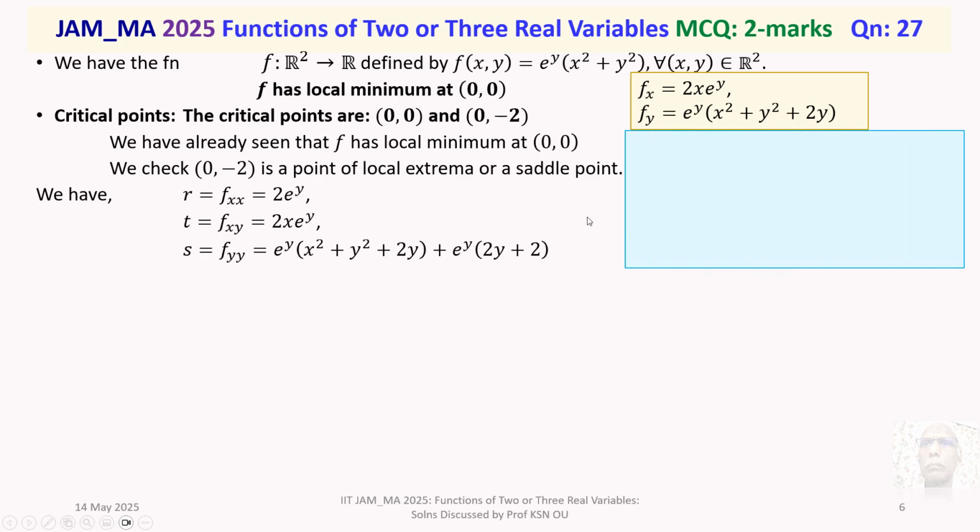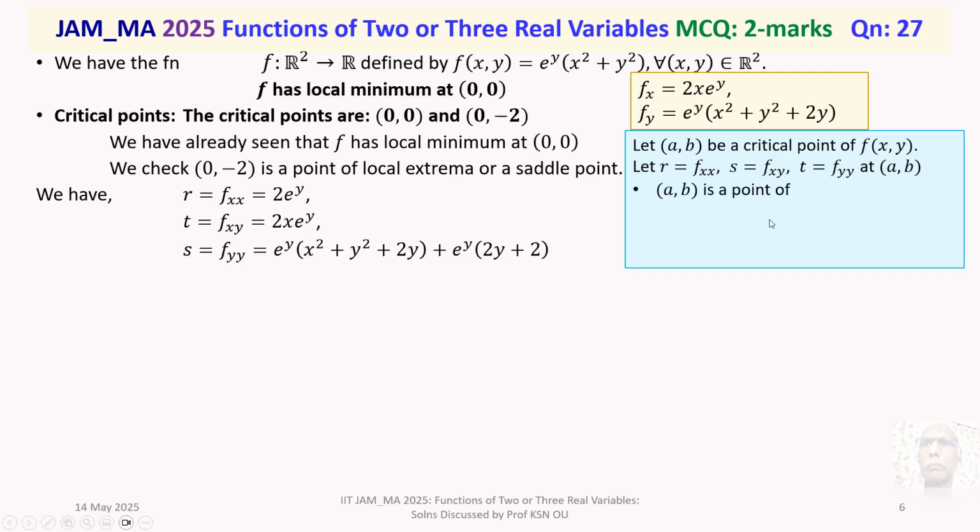Now you recall this result. Let a comma b be a critical point of f of x comma y. Let r is fxx, s is fxy, t is fyy at the point a comma b. Then a comma b is a point of local minimum if rt minus s square is greater than 0 and r is greater than 0.